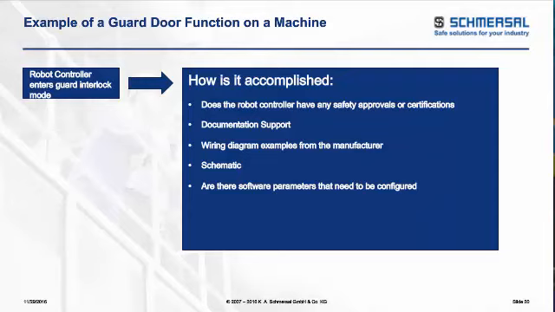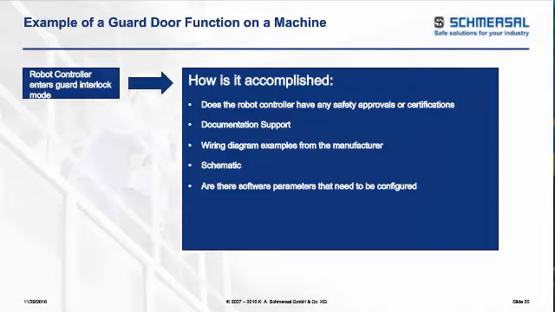So in this example, where we have the robot in the center of the machine doing the pick and place, we have a guard door. Well, what's that guard door doing? That's tied to a proper safety controller for our Category 3, giving us the redundant outputs that we can feed into the robot controller. Meaning the robot controller now has certain safety approvals that you can tie to a redundant set of inputs that the manufacturer may identify as guard door interlock inputs.